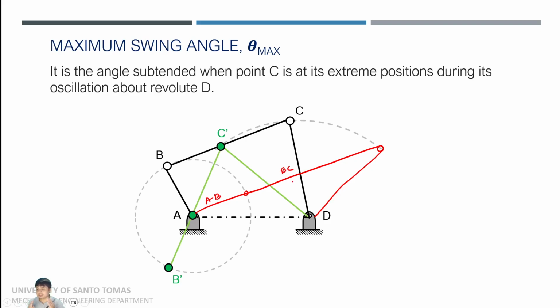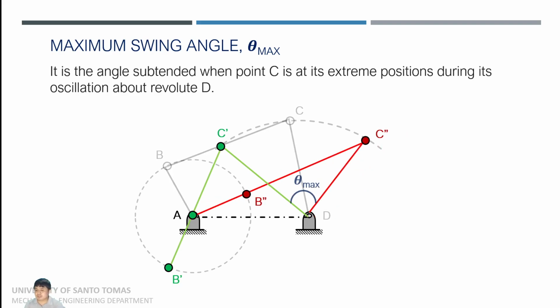For the other extreme position, it is usually when you have the crank and connecting rod straightened out. That will be the other extreme position. So you can call this C double prime, as the secondary position at the extreme.